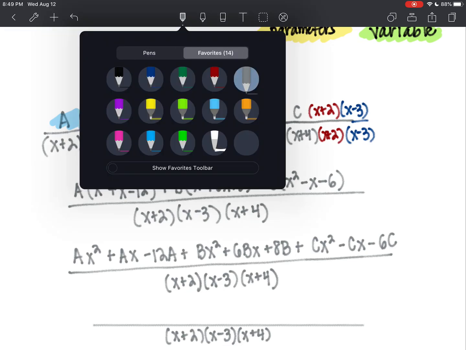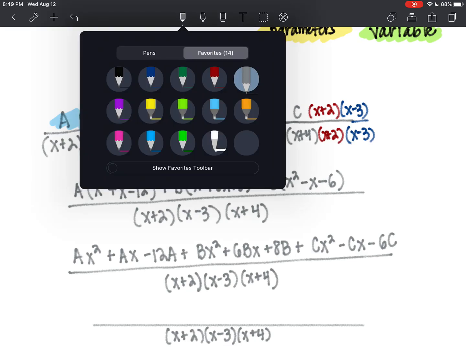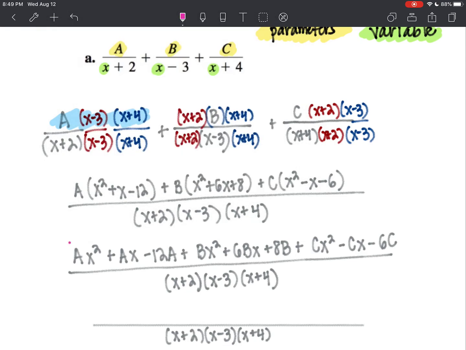Okay, I'm going to combine or collect all of my x squareds. Let's use pink. So I'm going to collect all the x squareds: ax squared, positive bx squared, and positive cx squared. They all have an x squared in common, so I'm going to use the distributive property and factor out the a plus b plus c.